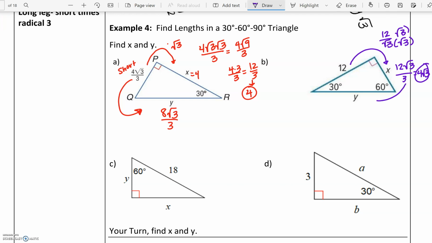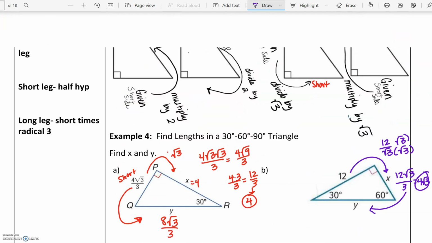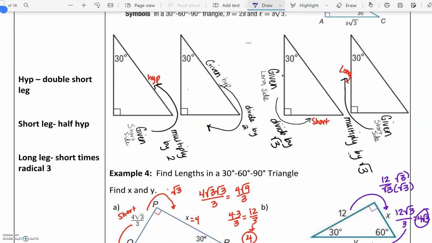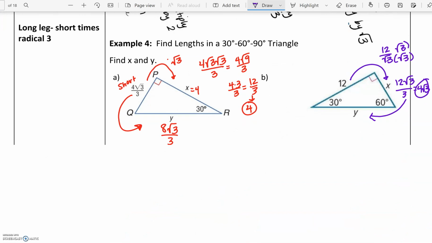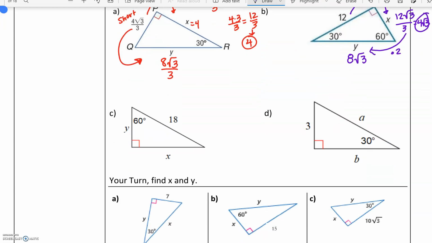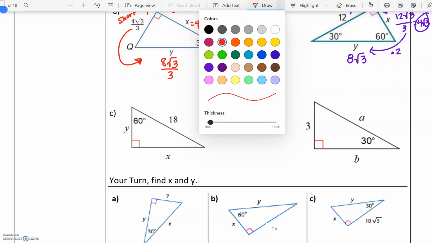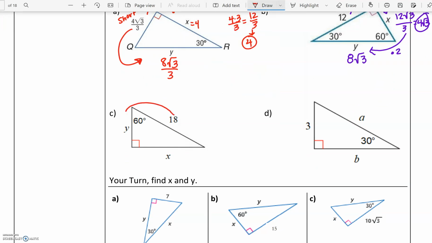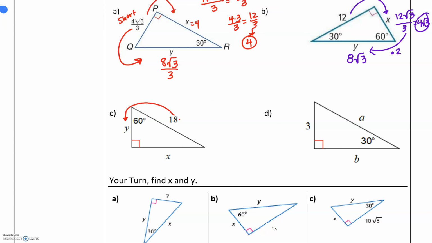And now to go from short side to hypotenuse, I'm just going to multiply by 2 or double it. So doubling 4 radical 3 would make it an 8 radical 3. All right. Given the hypotenuse, we always go to the short side. We don't ever go to the long side from the hypotenuse if you look up above. Again, double half.